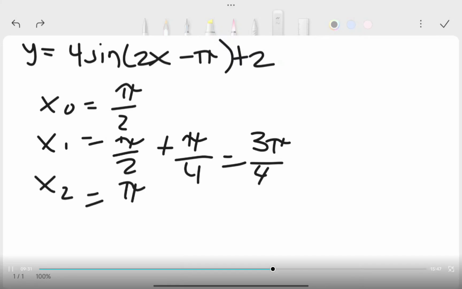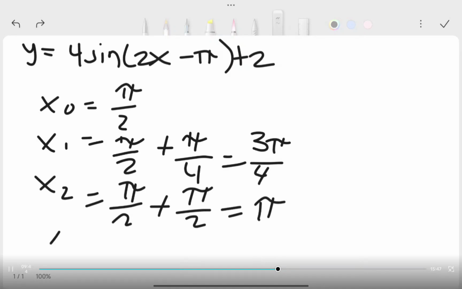So next, x sub 2 is equal to pi over 2 plus pi over 2, which is equal to pi. That's the half period of the midline.